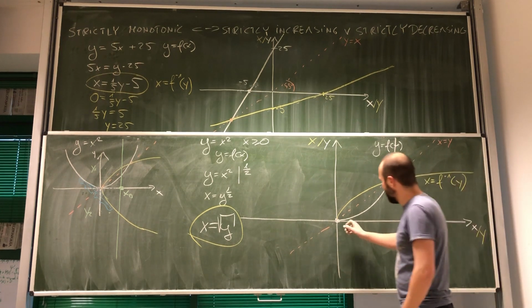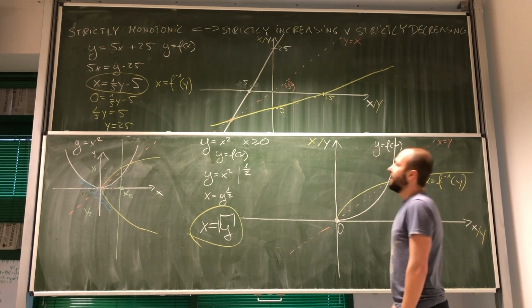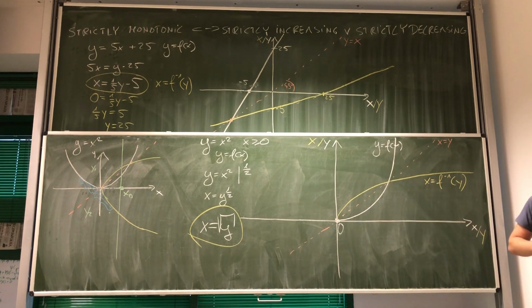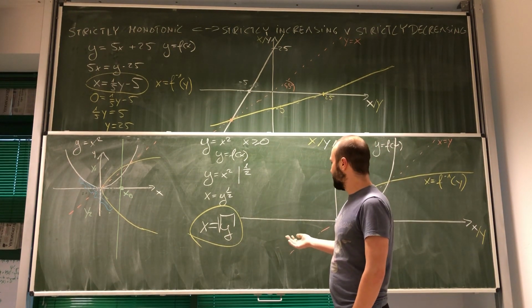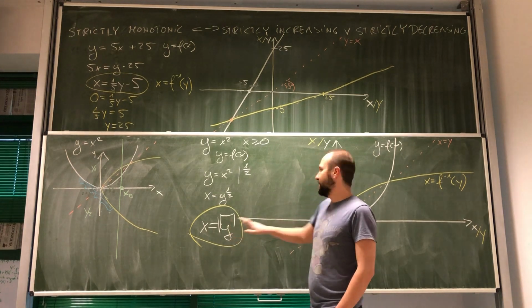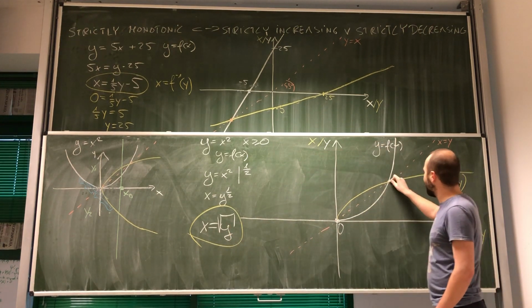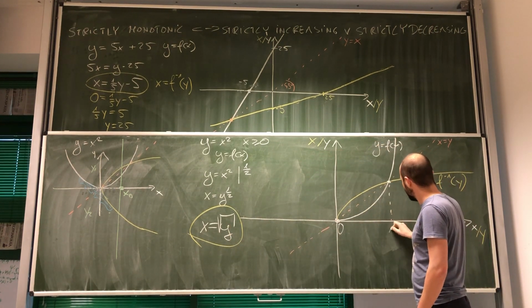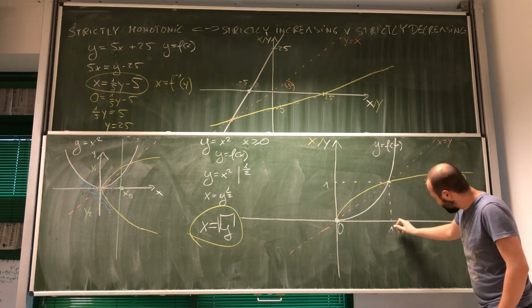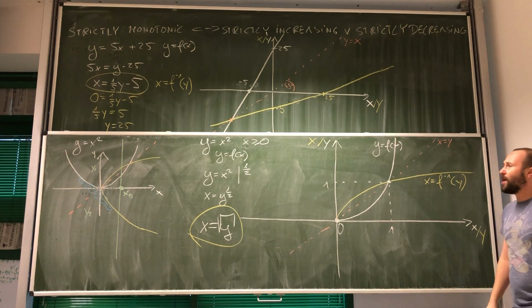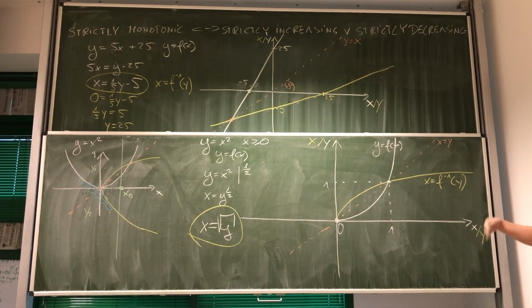One is at 0, because we know, of course, that 0 to the power of 2 is 0, and the square root of 0 is 0. And then we've got again a point like this at 1. Why? Because we know that 1 to the power of 2 is 1, and the square root of 1 is 1, right?